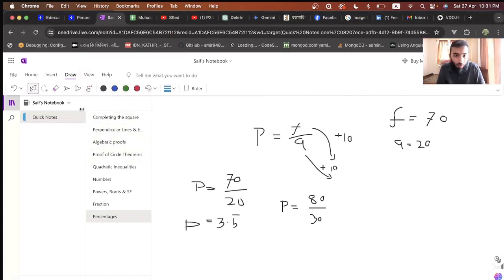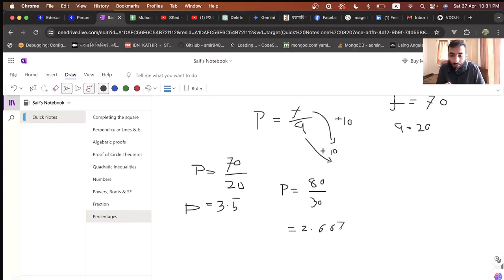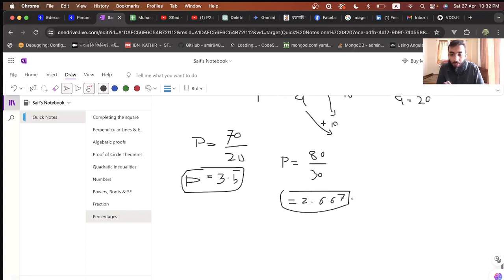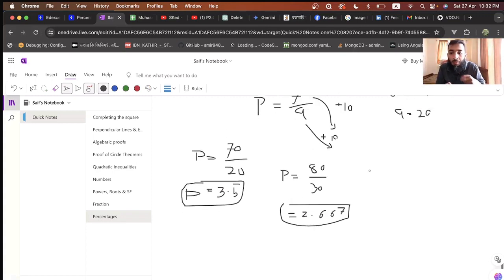So this is the new pressure, around 2.66, and the previous one was 3.5. So what is the percentage decrease?